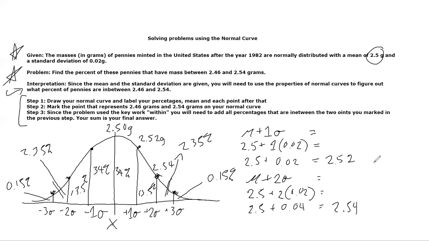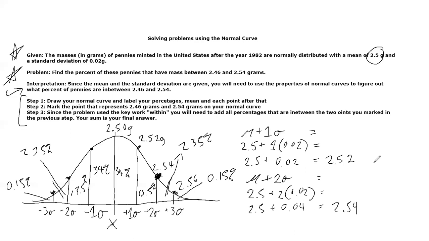I'm going to go ahead and mark this real dark so it stands out, because that's one of the points. Remember, step 2 is to mark the point that represents 2.46 and 2.54. Well, I found 2.54. Let me label the rest of them. As you can see, we're going to go up by the standard deviation every time. Since we're adding, I'm just going to add 0.02 to the previous one. So 2.54 plus 0.02, we end up with 2.56.